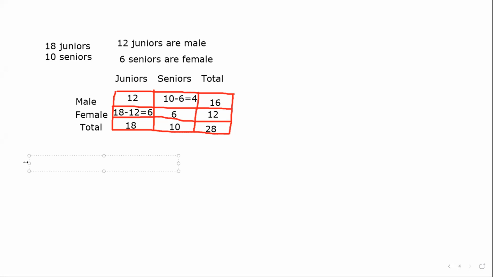Okay, junior or female. So we're going to say the probability of junior or female is equal to, and this time I'll write the formula out, the probability of junior plus the probability of female, minus, since we have an overlapping category, junior and female.